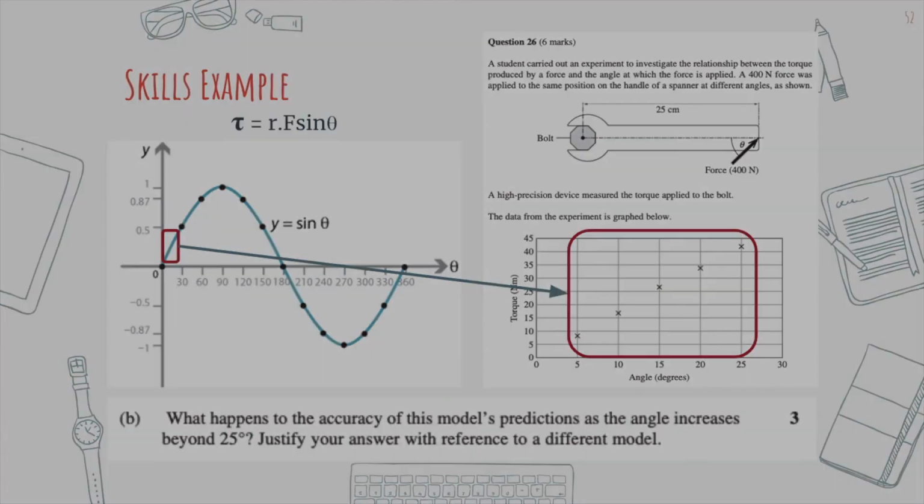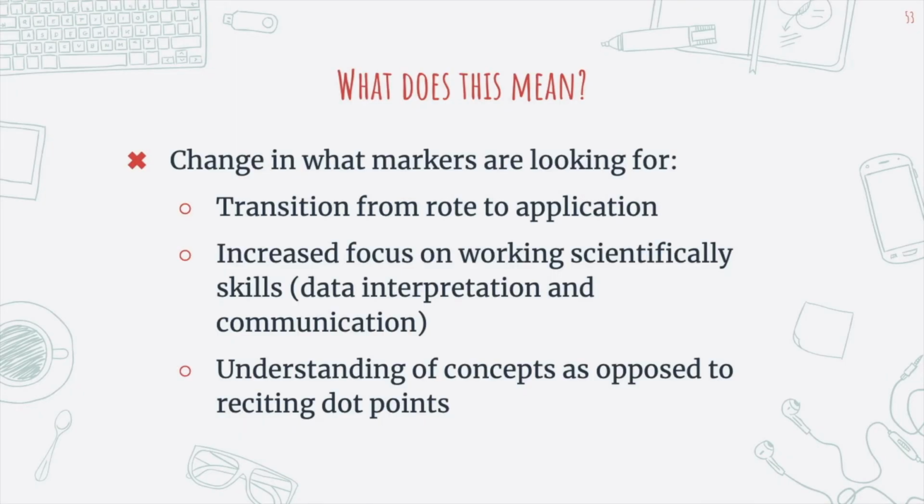So, what does that mean for us? Well, it means that there is a change in what the markers are looking for in the HSC examination for physics. There's a transition from the rote learning of dot points to now a heavy focus on the application of your understanding of those dot points. We can see that through the increased use of the HSC verbs explain and describe.